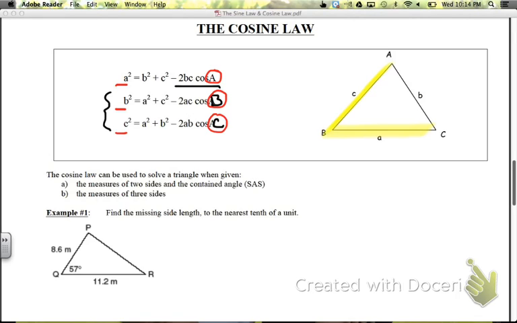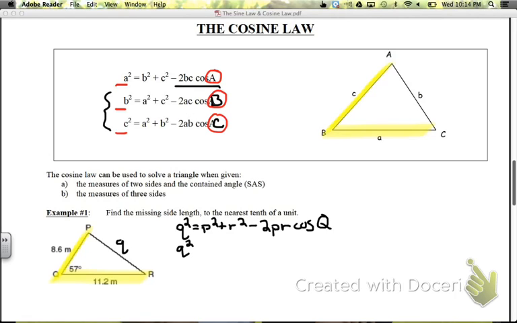Now what you see is we have side R and side P, and we have angle Q. So since I have angle Q, I know I want to find side Q, so I'm going to set my equation up as Q squared is equal to P squared plus R squared minus 2PR cos Q.